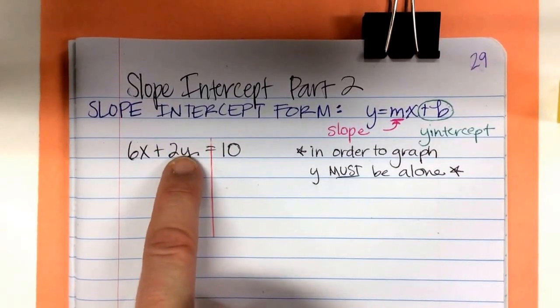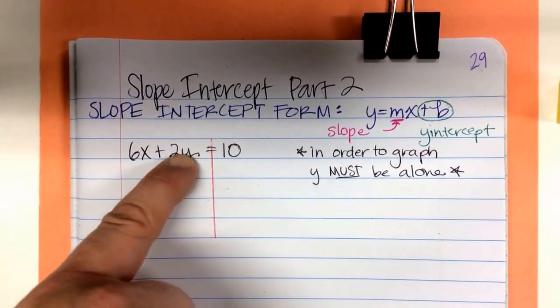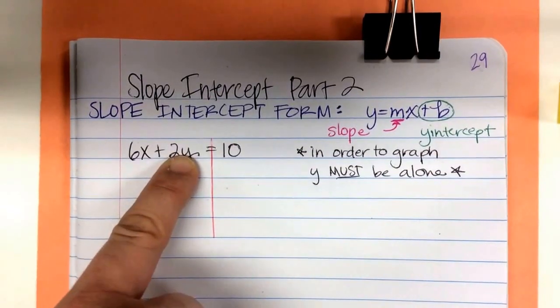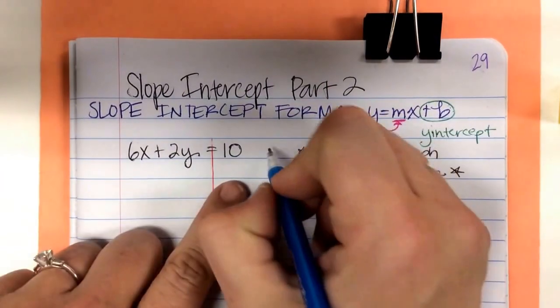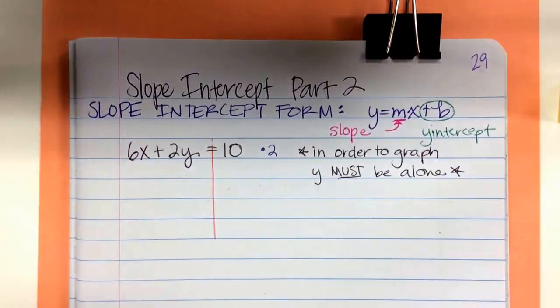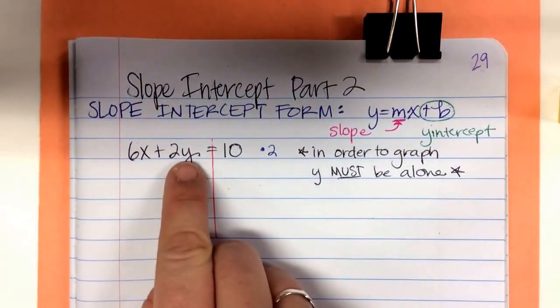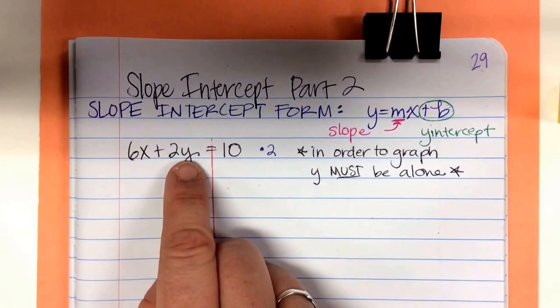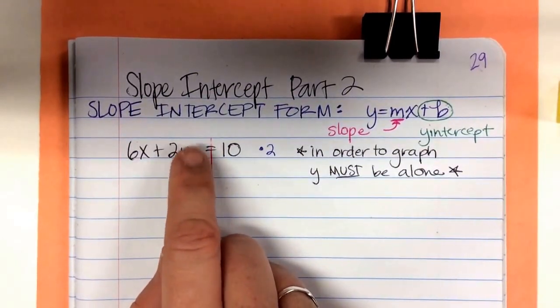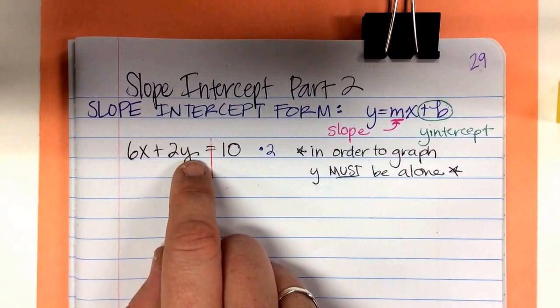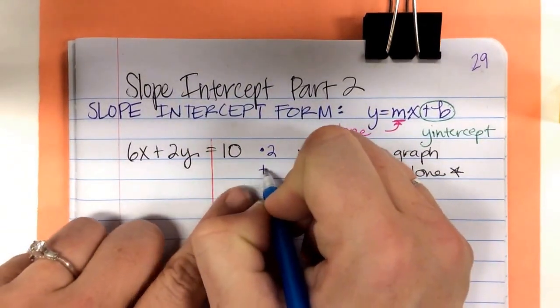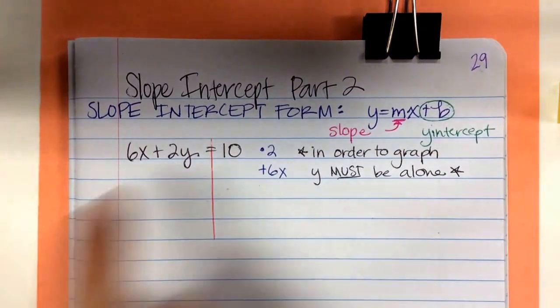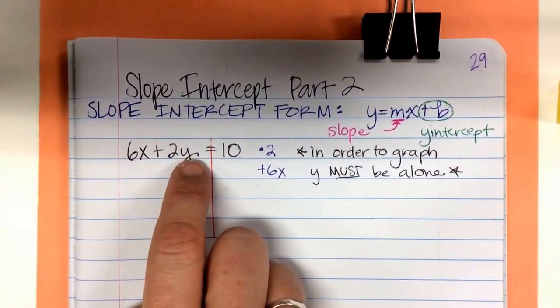Here's my y. What operations are being done to the y? Sam, what's happening? It's being multiplied by 2. And what else is happening to this y? What else is going on the same side, Greta? Yeah, there's a positive 6x with it, on the same side.